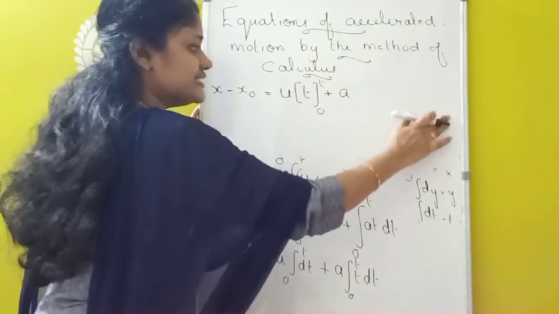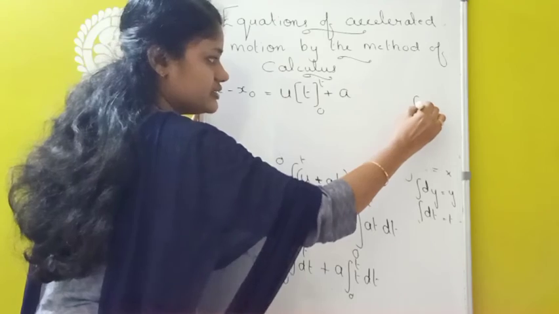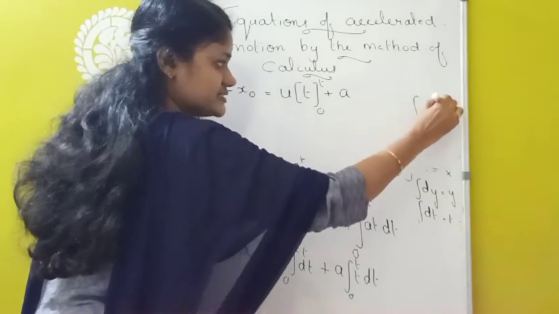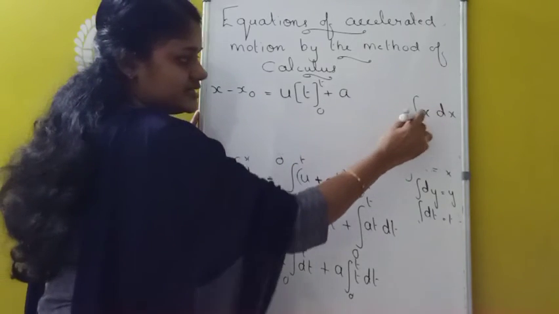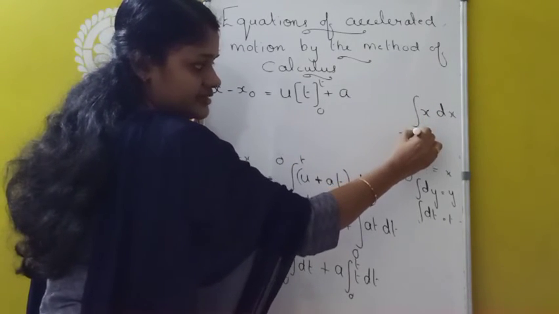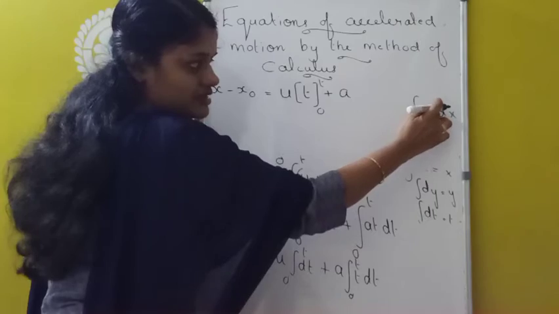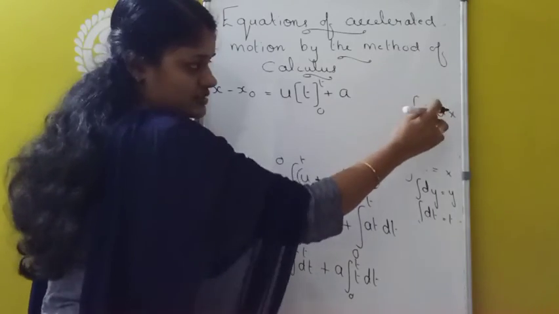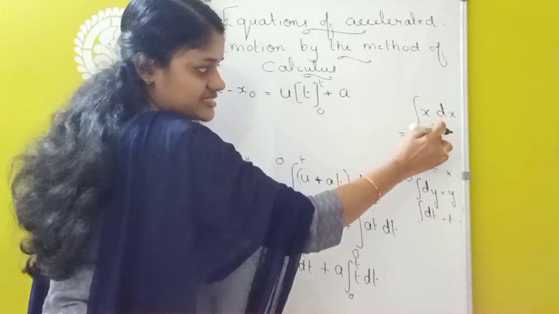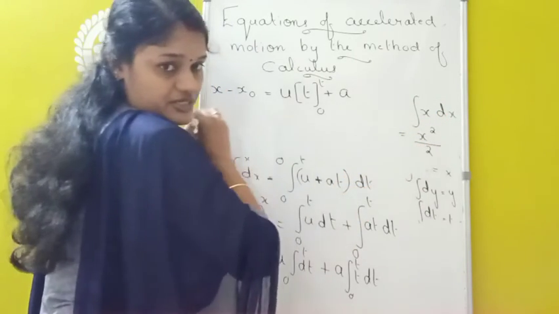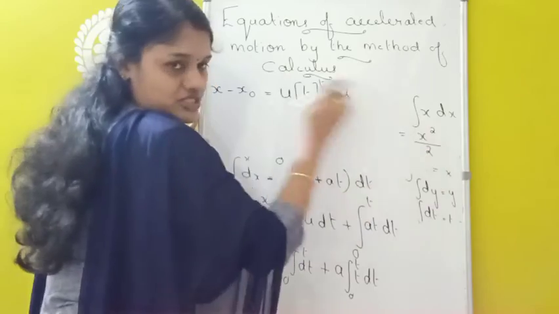First let me take another example. Integral x dx: how will you integrate x dx? x raised to the power, which is 1, plus 1, that means 1 plus 1 is 2, divided by the new power, 2. So x square by 2.